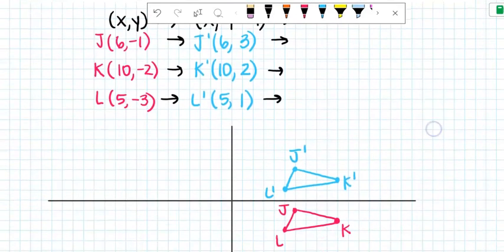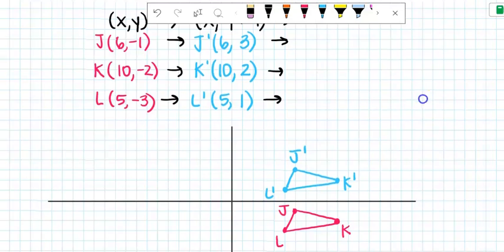So for me, my first one is pink, my intermediate step, my middle one is blue. I don't go back to the pink one. We don't start over, okay? We are now moving on to the blue one and reflecting the intermediate step, not the original. We're now going to reflect the one that we translated, okay?